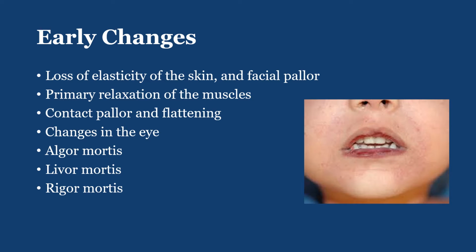The areas which remain in contact with the ground become flat and blood from vessels of these areas are pressed out, and this continues even after the formation of postmortem staining over the surrounding areas. Then we can see other stages like the changes in eye, Algor Mortis, Livor Mortis, Rigor Mortis. We will discuss this in other slides.